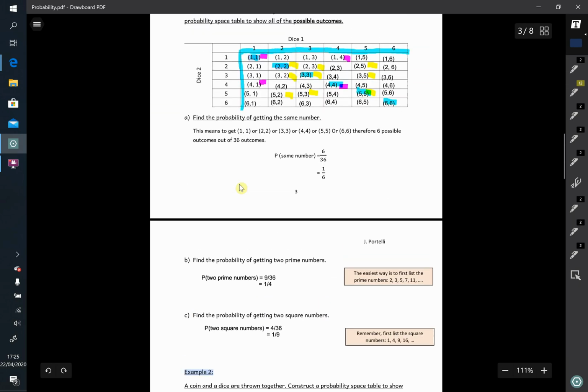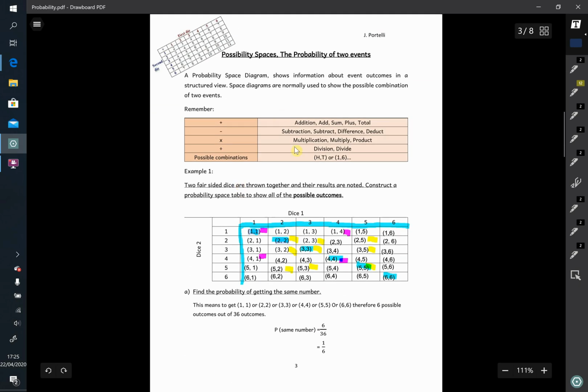And in the brown box up here, there is a small note on what words are used for plus, minus, times, division, or possible combinations. If the examiner uses the word addition, add, sum, plus, or total, then it's plus. If the examiner uses subtraction, subtract, difference, or deduct, then you have to use minus.